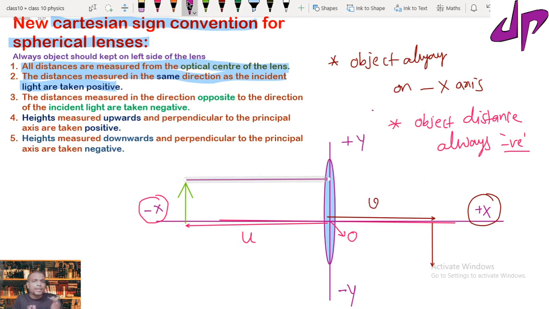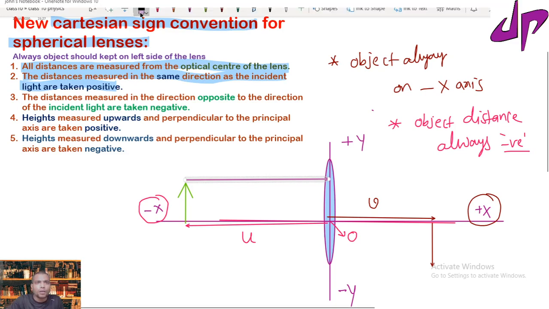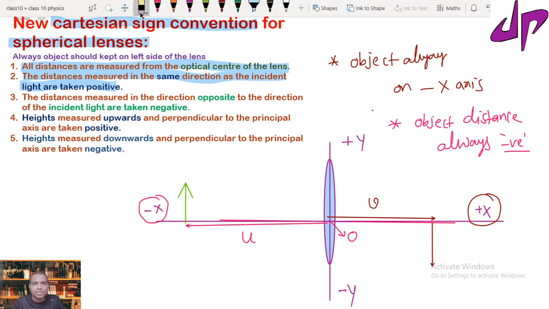If the light ray is going along the positive x-axis, we take that as positive. If it is the opposite, we take that as negative. So distances measured on the negative x-axis are negative, and on the positive x-axis are positive.